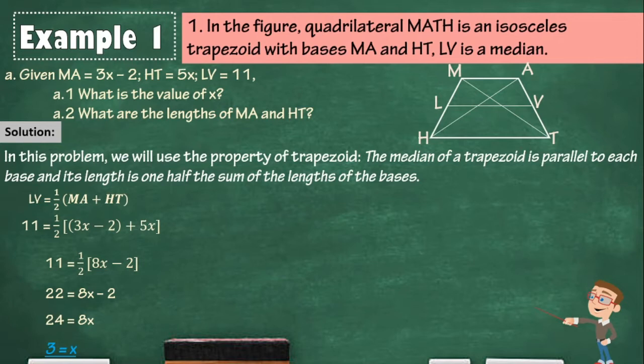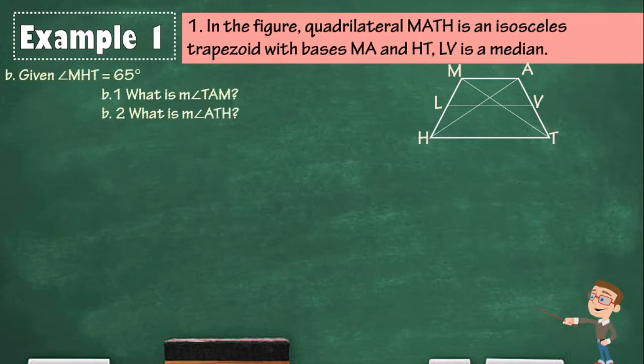Next, 8.2. What are the lengths of MA and HT? Since it is given that MA is equal to 3x minus 2, substituting the value of x, we have MA equals 7. And for HT, we have HT is equal to 15. So the lengths of MA and HT are 7 and 15 respectively.